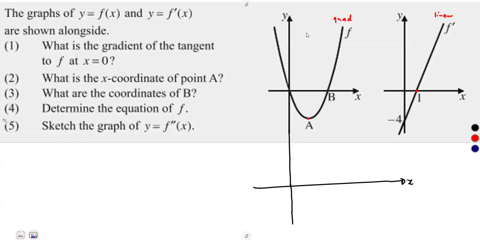But what I want us to consider is the turning point of what? The turning point of F. It is your x-intercept here of what? The graph of the first derivative. It is your what? Your x-intercept.